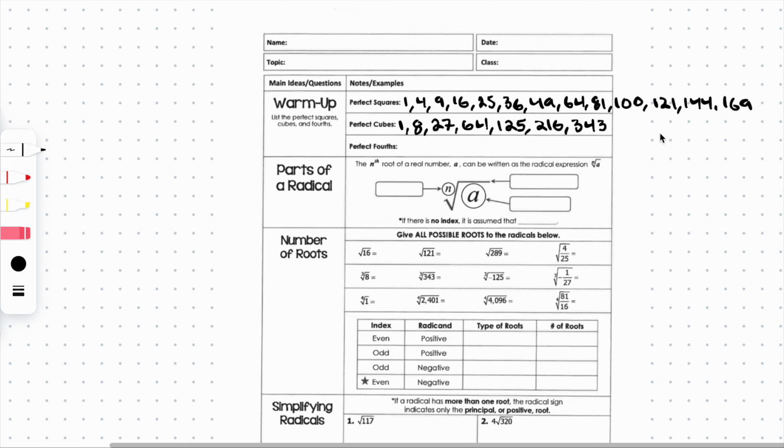Okay? Then we have perfect fourths. So this is going to be numbers that we multiply by itself 4 times.